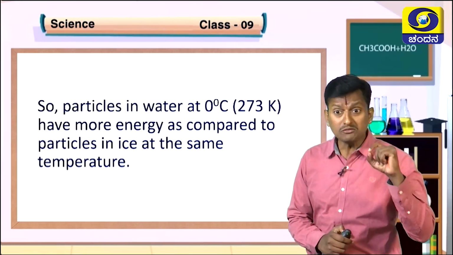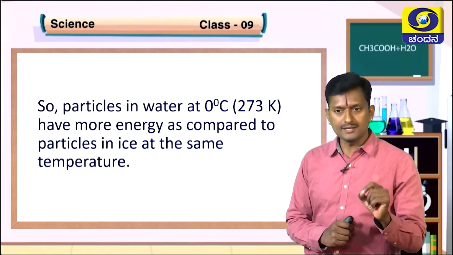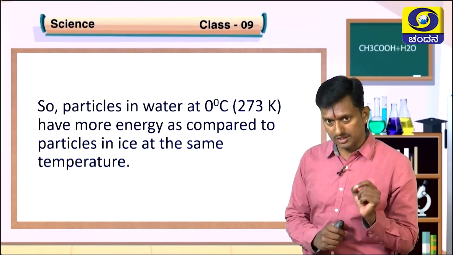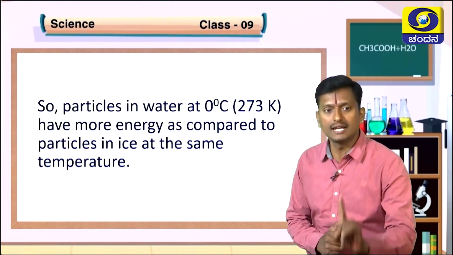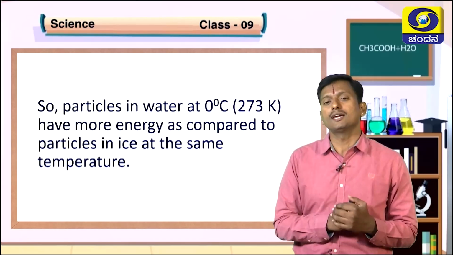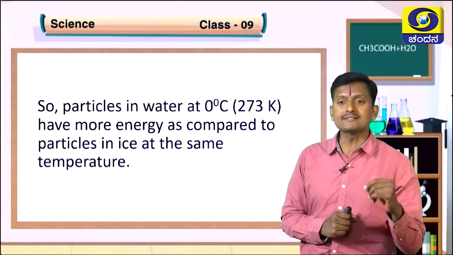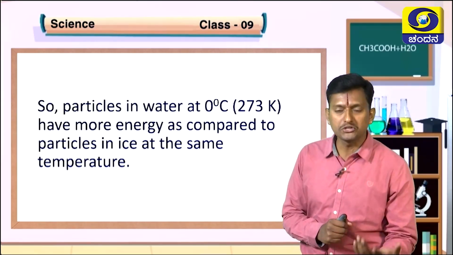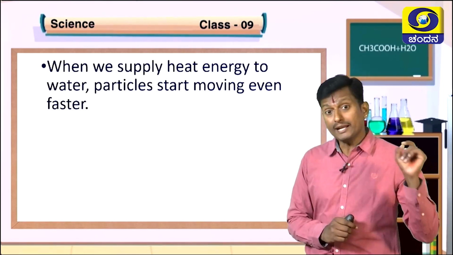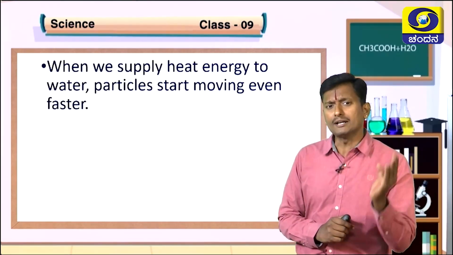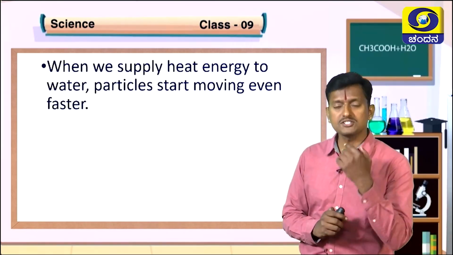So, the particles in water at 0 degrees Celsius or 273 Kelvin have more energy as compared to particles in ice at the same temperature. When you supply heat energy to water, the particles start moving even faster.